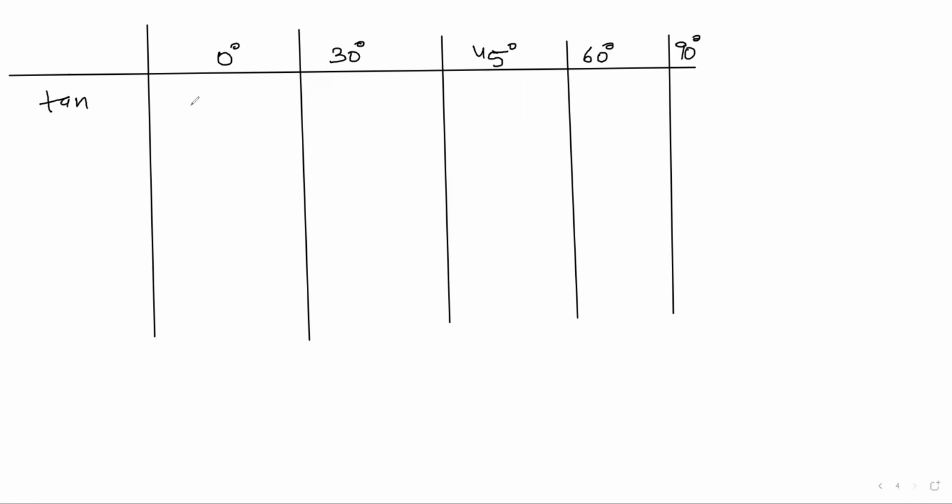What is the value of tan 0 degree? In class 10, you have learned the values. So tan 0 is 0. Tan 30 is 1 by root 3. Tan 45 is 1. Tan 60 is root 3. And tan 90 is not defined.